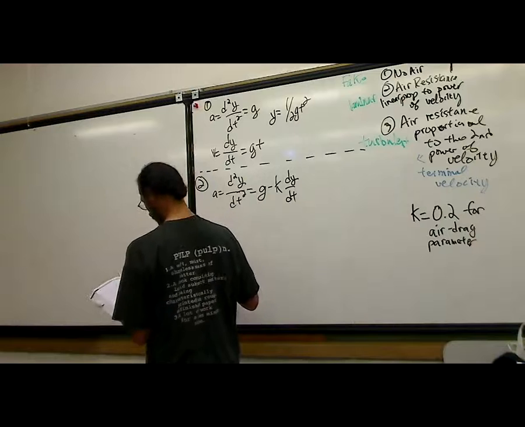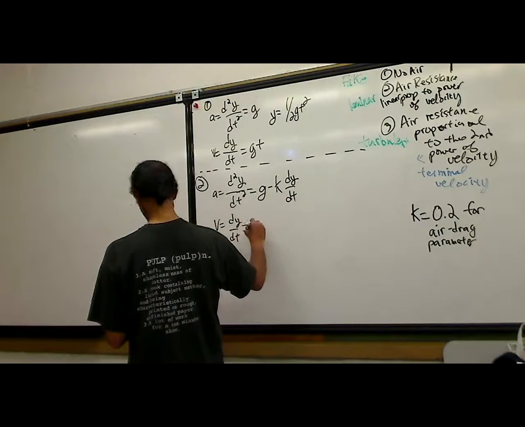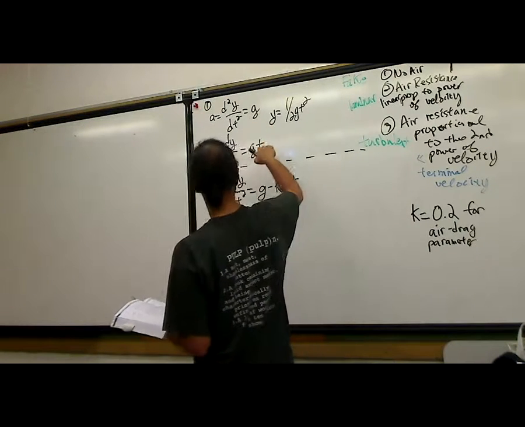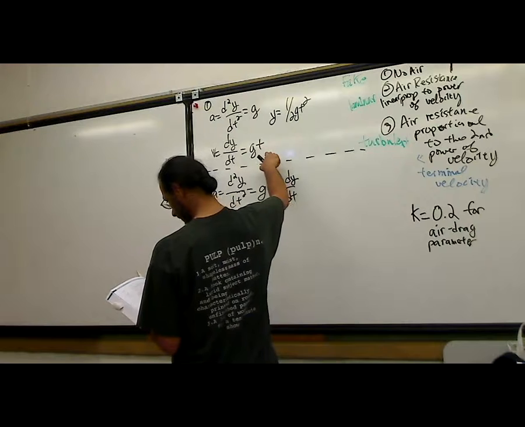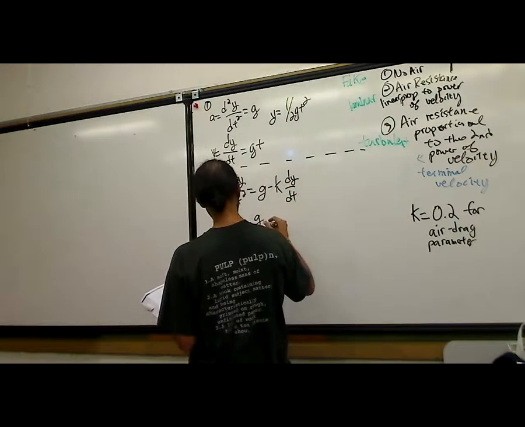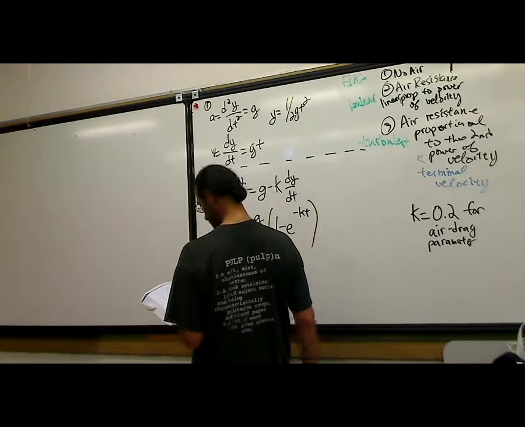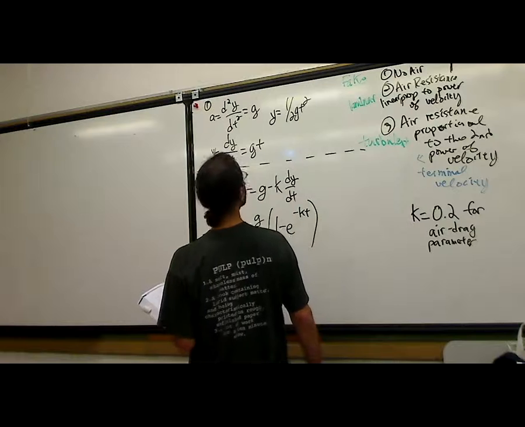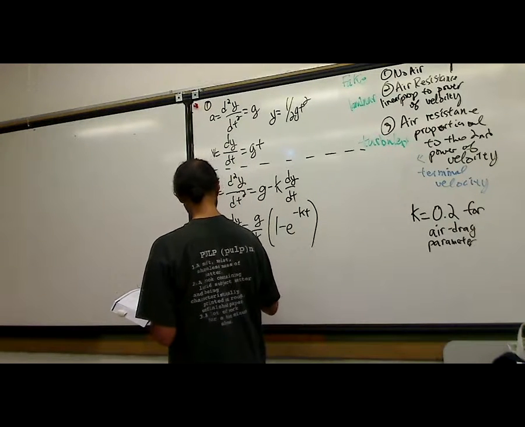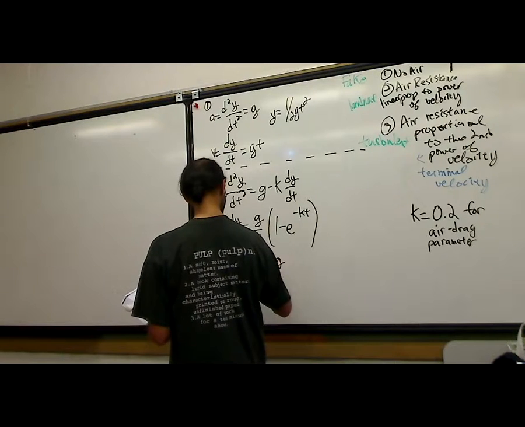Velocity, dy/dt, here we have our g over k again. Okay, sorry, this is where things get different. g over k times 1 minus e to the negative kt. And then y. This is why I couldn't give that answer as easily as you guys wanted.